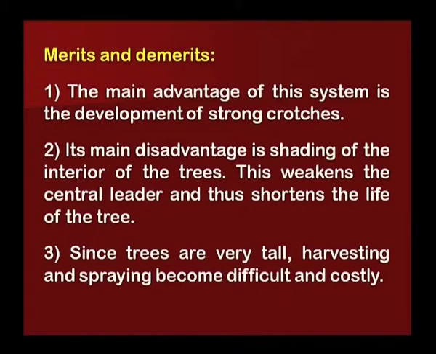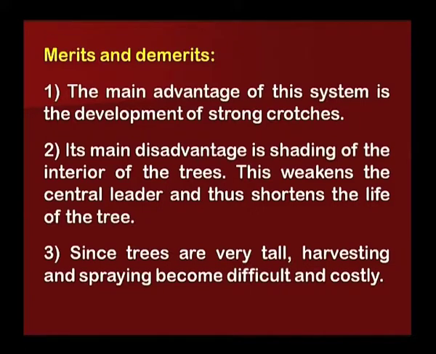Merits and demerits of the central leader system. The main advantage of this system is the development of strong crotches. Its main disadvantage is shading of the interior of the trees. This weakens the central leader and thus shortens the life of the tree.